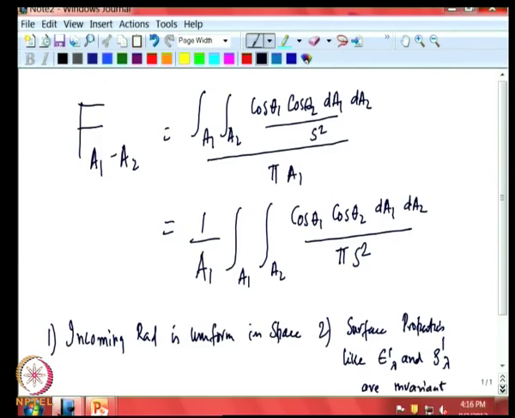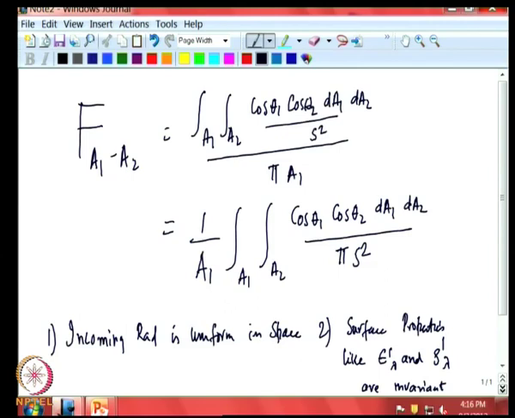So you want radiation to come uniformly on that surface, and the surface properties like emissivity and reflectivity should also not vary in space. This condition is not met commonly in many practical applications.